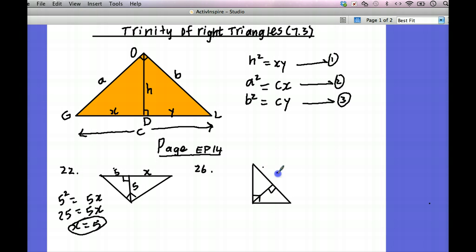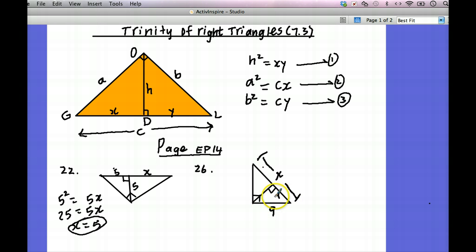Given x, which is the overall hypotenuse. What else we're given? We're given 7, segment of the hypotenuse there, and we're given 9, which is one of the overall legs of the original right triangle.